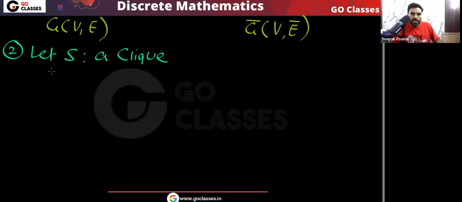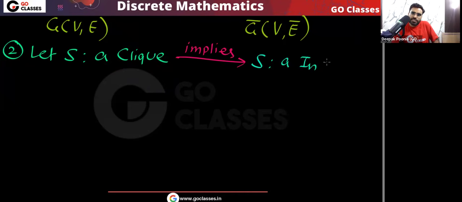Now, we know if S is a clique in G, then, from the relationship between clique and independent set we already know, this implies that in the G complement, this S will become an independent set. Yes or no? So S has become an independent set in G complement.